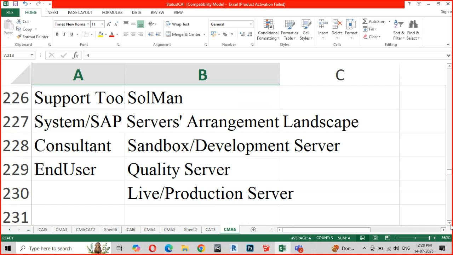So what does he do? He raises this particular request or this particular issue. In the ticketing tool, we use certain methodology or certain systems for us to raise the issues.